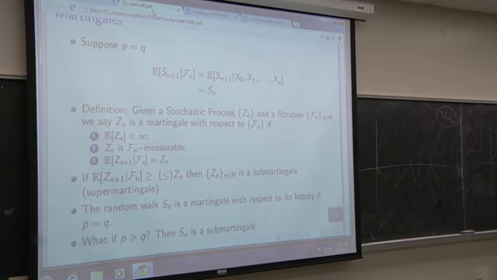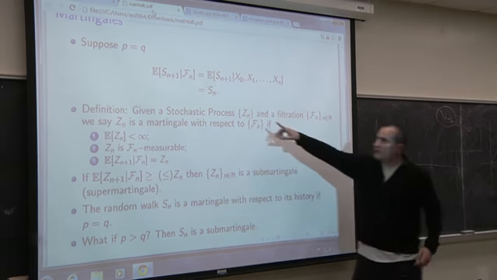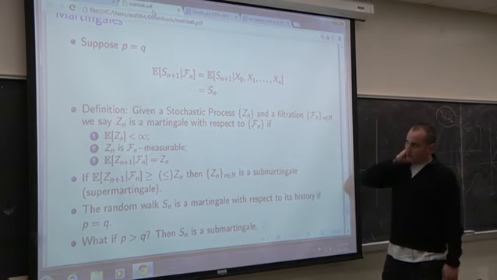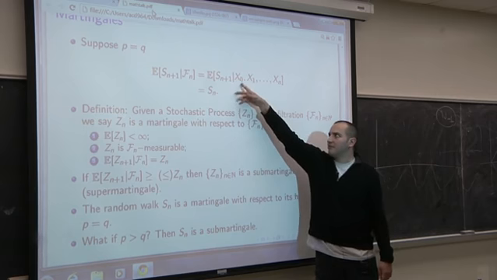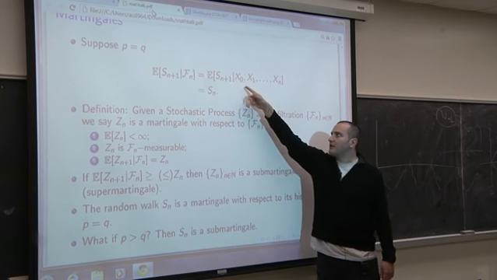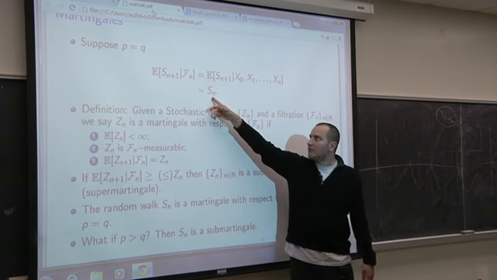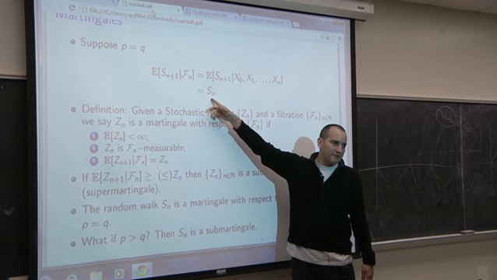So in the case of p equals q, I can ask: what is the expected value of the random walk given the history so far? Taking the history x0, x1, up to xn, I claim that it's Sn. Is that clear? Why?